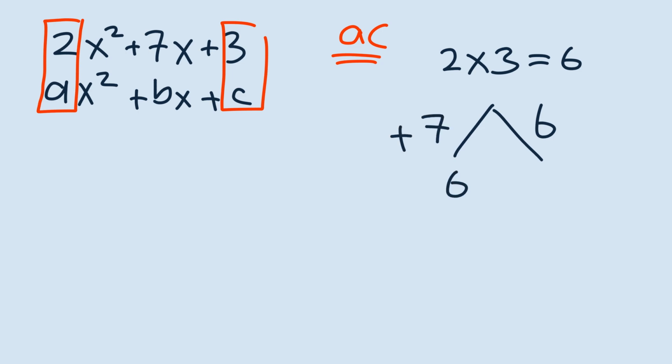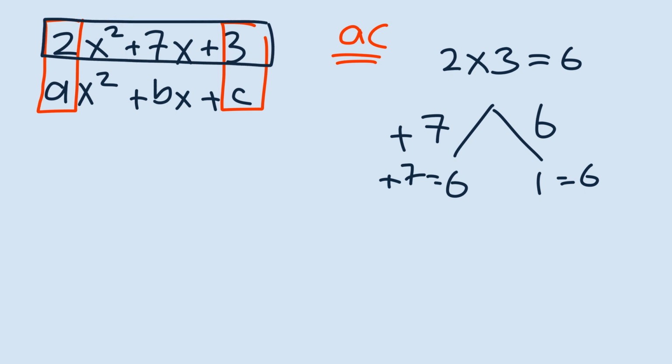So let us start with 6 and 1. 6 times 1 is 6, and 6 plus 1 is positive 7. So this is exactly what we need. The next step, we have to go back to our original question. So let us rewrite it again. So 2x squared plus, now we don't need to write 7x. No, we have to write this 6 and the 1, but we have to write them differently.